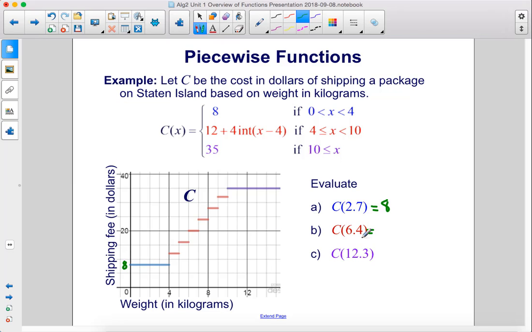Alright, 6.4 is going to be 5. 6.4 is somewhere in here. Go up and we see that we're at 20. Finally, 12.3, we're going to go up and see that we are at 35. All of our answers are correct.